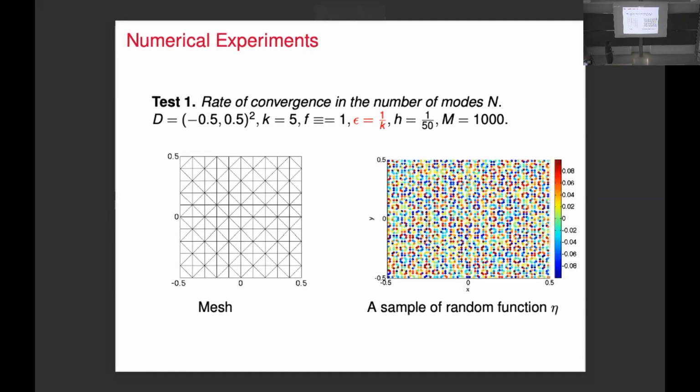So that is a saving. Here is an example. I just show you one example. Indeed, this epsilon should depend on the wave number. If you violate that condition, sometimes it works, sometimes it does not. The theory proves it under such an assumption. So this is the mesh, and this is the eta we choose.